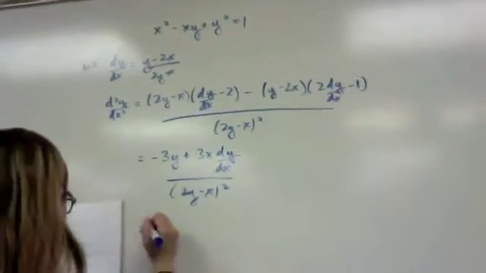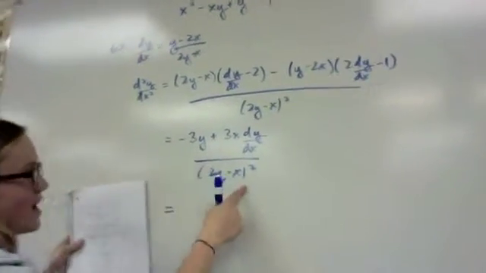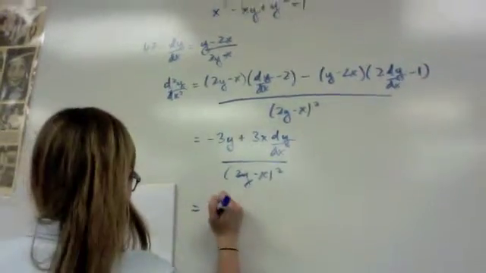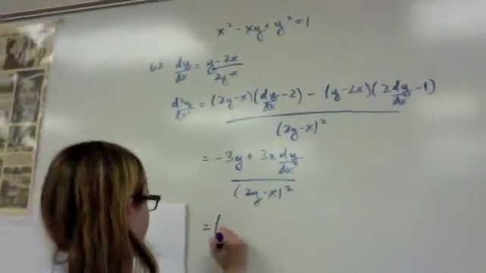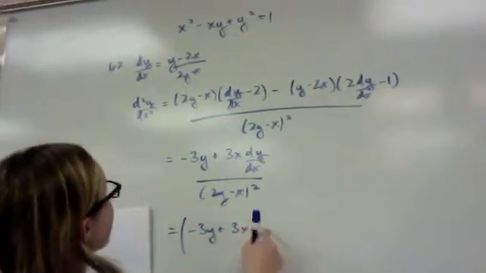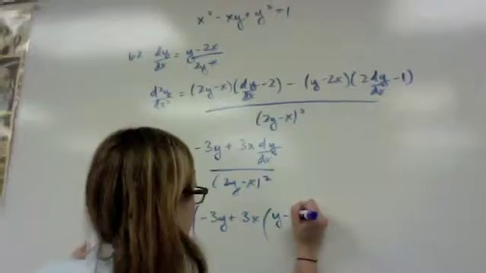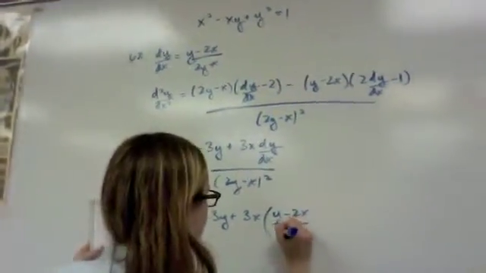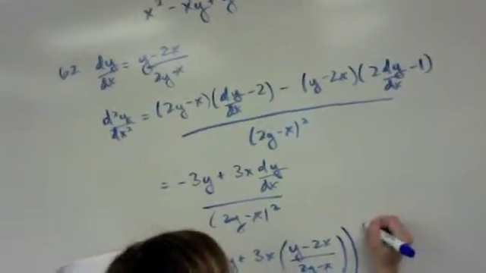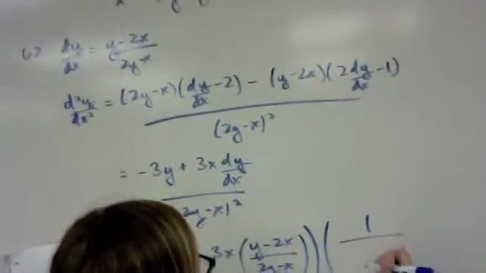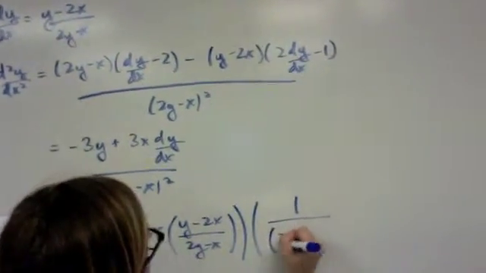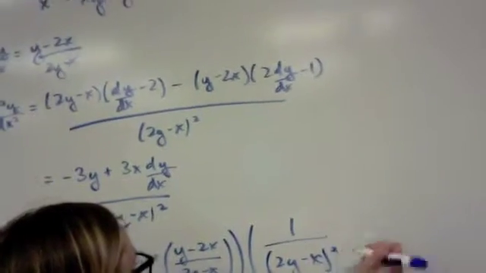At the same time, instead of dividing by this, I multiplied by the reciprocal of this. So I got negative 3y plus 3x, and I plugged in dy/dx, so y minus 2x over 2y minus x, and then times 1 over the bottom, 2y minus x squared.